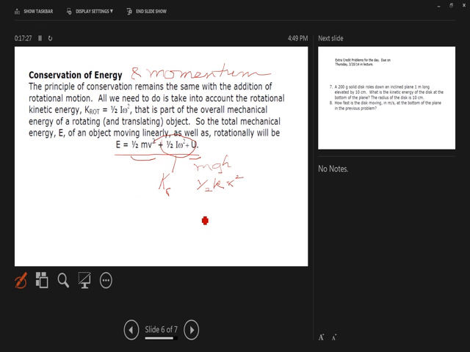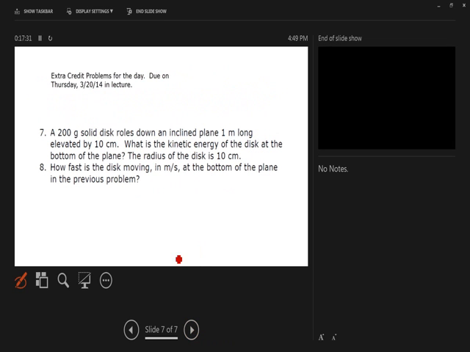Okay, so let's apply these ideas to a couple of problems from your homework set. So you've got a mass, and you've got an inclined plane that's a certain height, y.